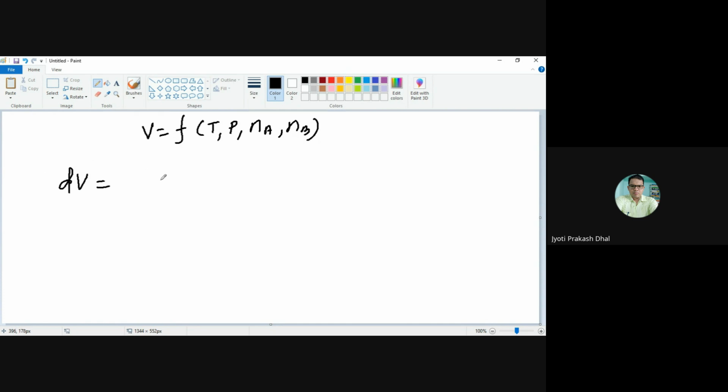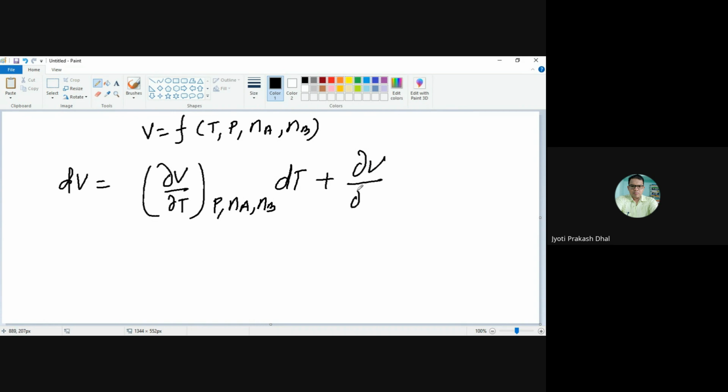equals del V by del T at constant pressure, constant number of moles of A, constant number of moles of B, dT. The second term will become del V by del P at constant temperature, constant number of moles of A, constant number of moles of B, dP.